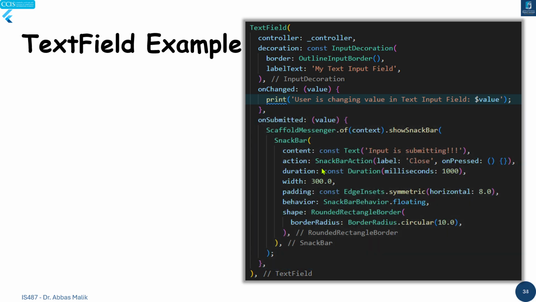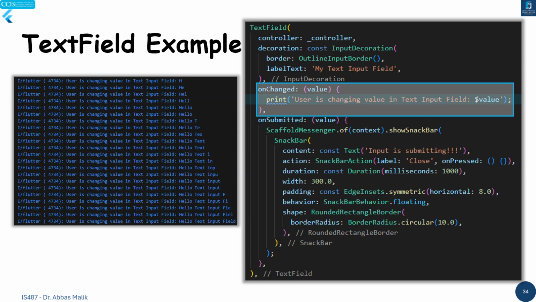And the other thing that is here is the on changed. In on change, what we are doing here is printing that message, user is changing the value in the text input field, and we are printing that value. So if we type hello text input field, for every change which is happening inside this input field, it is actually printing that in our console.